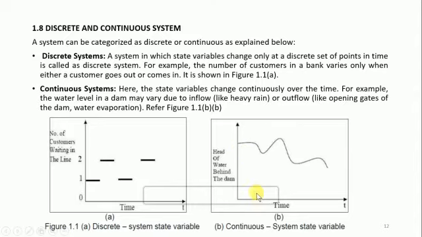So when I come here to this time, it came down. When I go here, at this time, it went there. It continued till the end. It means that, as you can see, the level of water is changing continuously. So this is a continuous system.